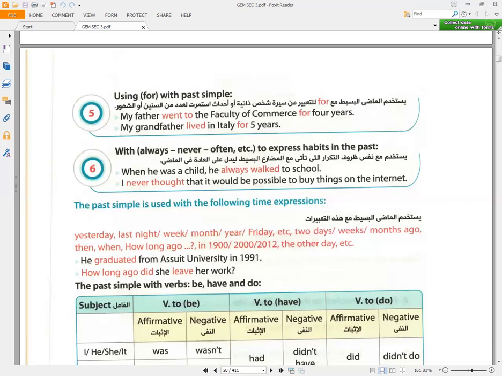As we said, we can use always, never, often with past simple to express habits like used to. When he was a child, he always walked to school. I never thought that it would be possible to buy things on the internet.